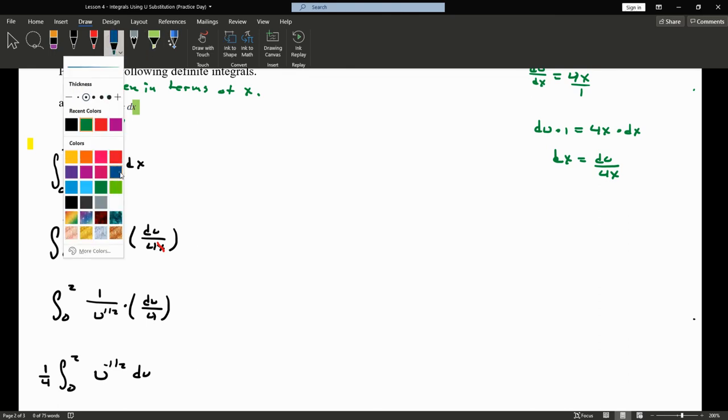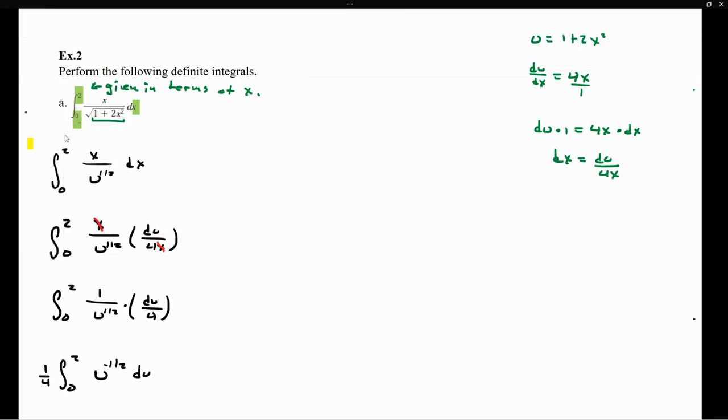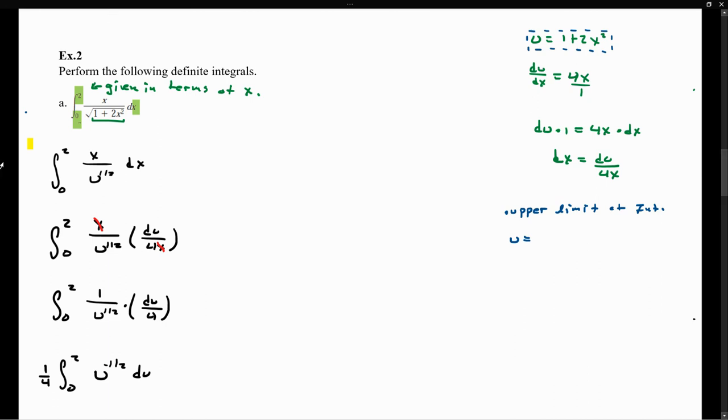Let's figure out what my new upper limit of integration is. We're going to take a look at the definition that we made for u. We established that u is equal to 1 plus 2x squared. So what is going to be my value of u when I let x be equivalent to 2?